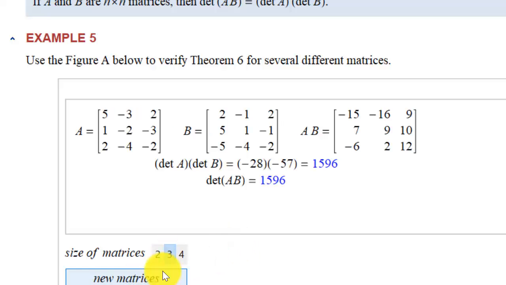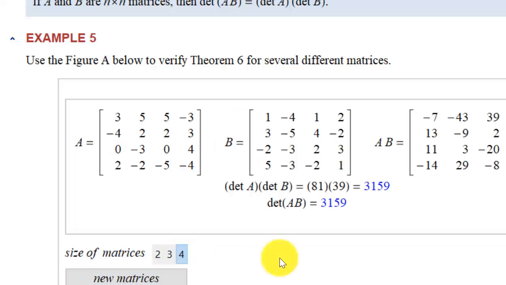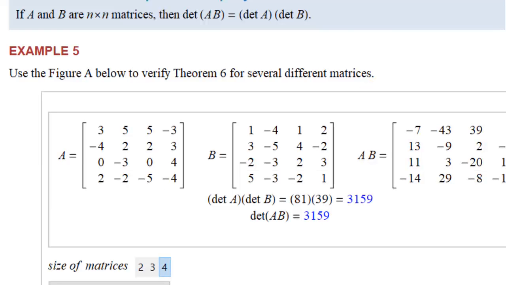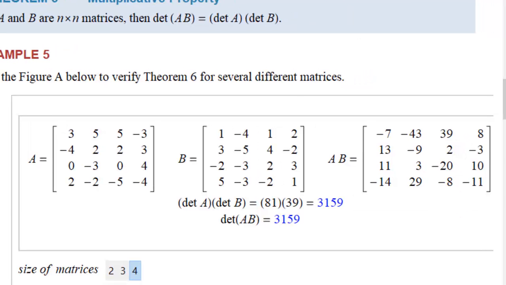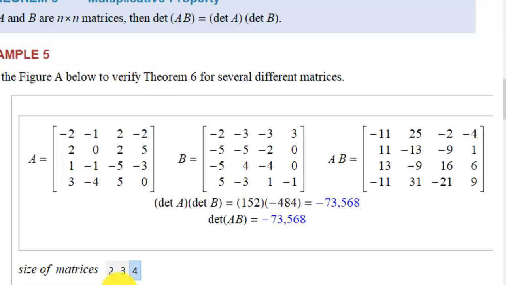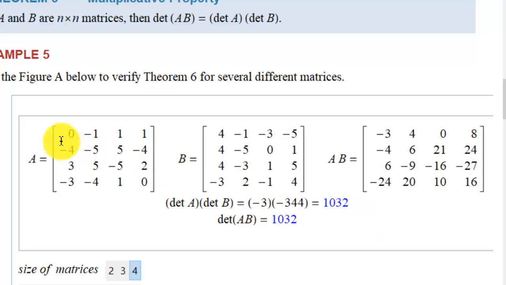We can do this for a 3 by 3 matrix as well, and a 4 by 4 matrix, if we can see it. So I like the idea that you can randomly generate these matrices, and regardless of what size the matrix is, we find the determinant of A and the determinant of B and multiply it, and then they multiply the matrices here and find the determinant of that, and it turns out to be the same.